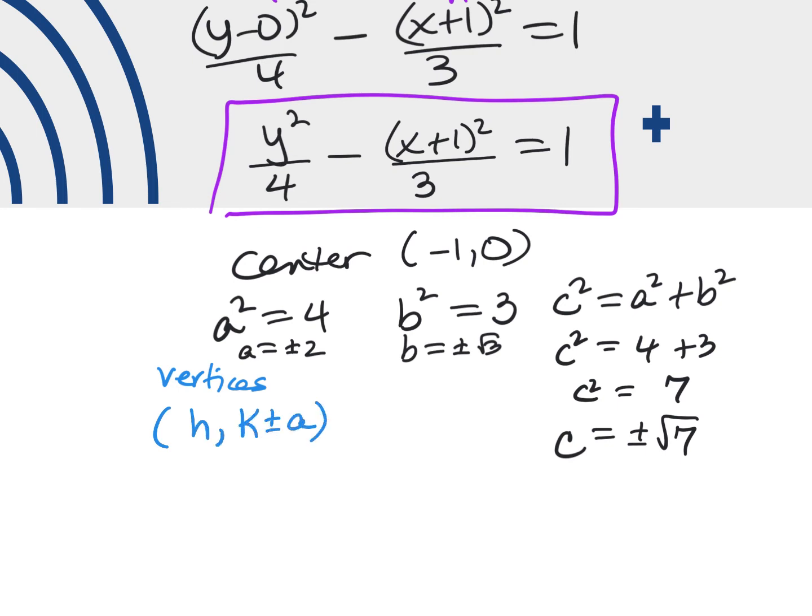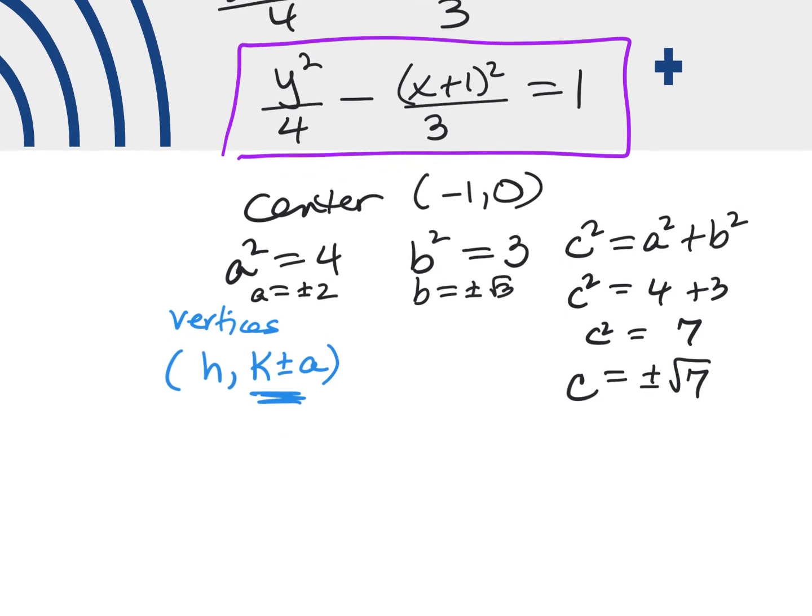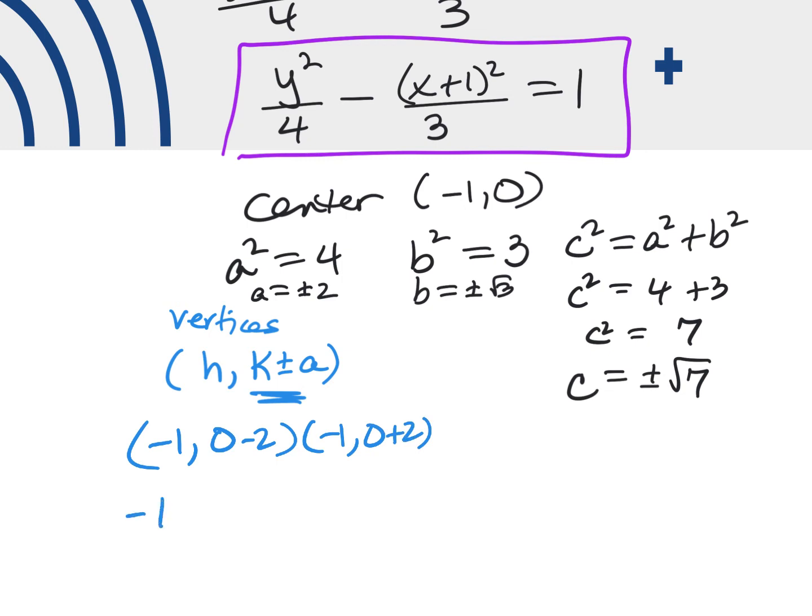That's how I can get my vertices, because this is the axis that the graph will traverse. So my -1, and then I'm going to do 0 minus 2, and -1, 0 plus 2. So I have a vertex at -1, -2, and -1, positive 2.